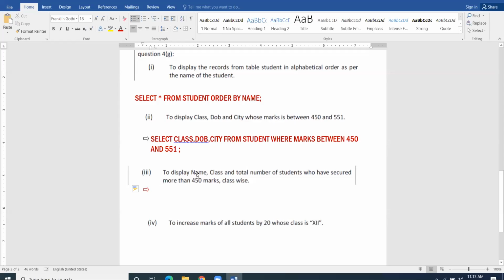Means our criteria should be class wise, but the condition is also given that marks should be above 450.